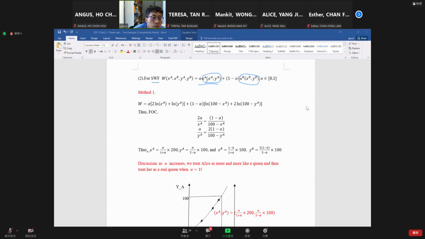Then when we consider how to allocate the products, the social welfare, the policy, we should give more and more such products, such benefit to Alice. And when we change the number for alpha, we change the allocation.